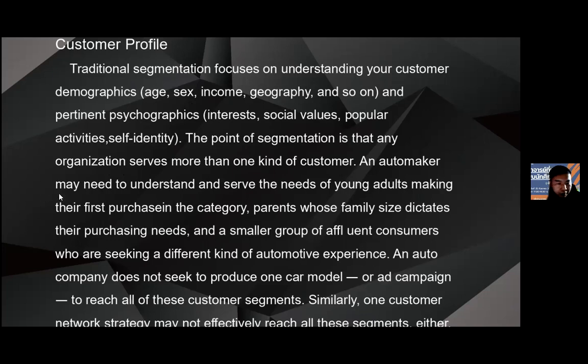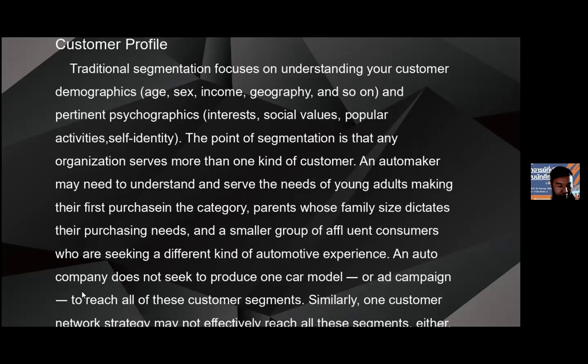An automaker may need to understand and serve the needs of young audiences, making their first purchase in the category, parents whose family size demands larger vehicles, and a small group of affluent consumers who are seeking a different kind of automotive experience.